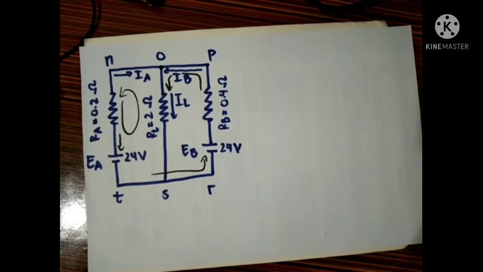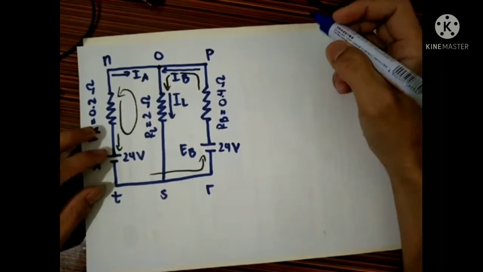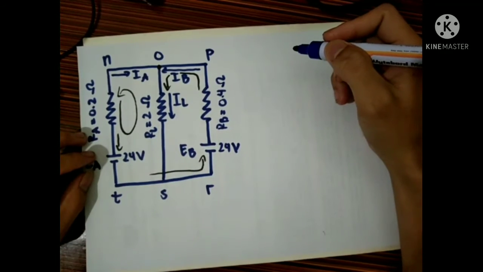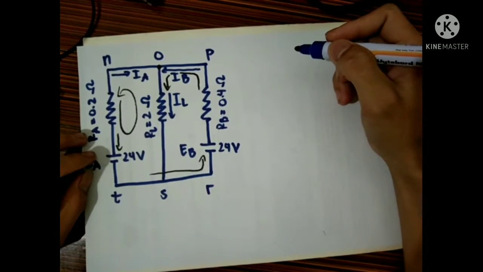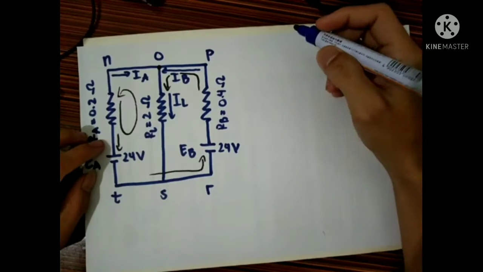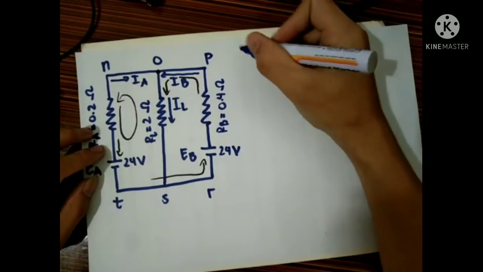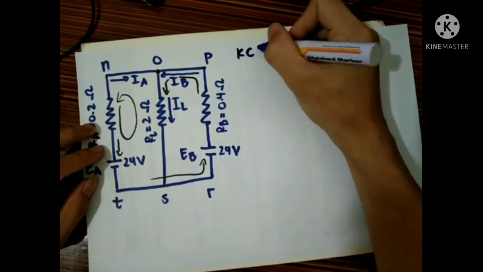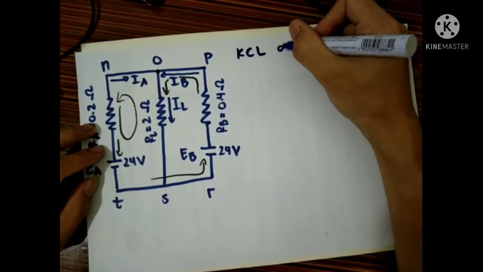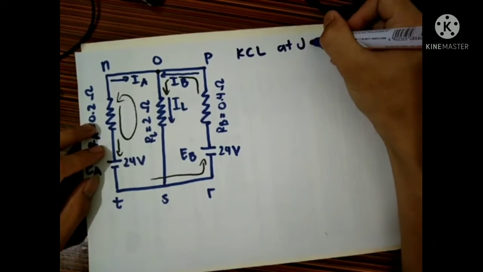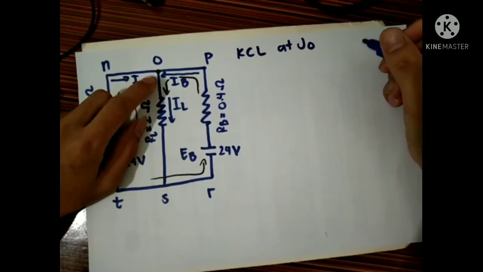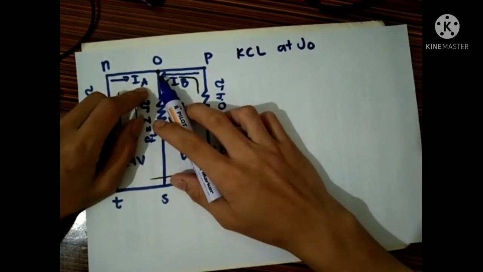So first, we need to apply the KCL, Kirchhoff's current law. Let's first identify the currents, applying KCL at junction O, or node O, at the center.